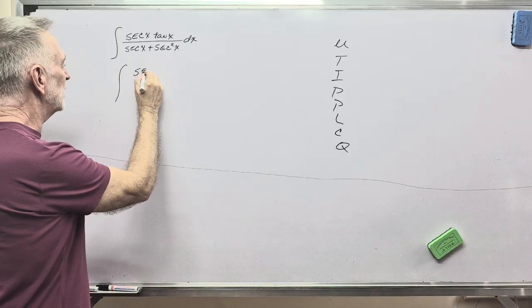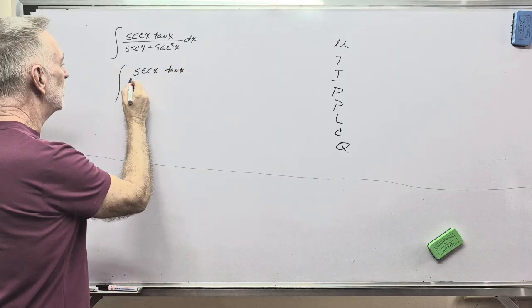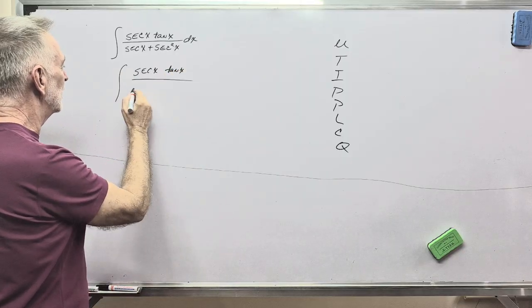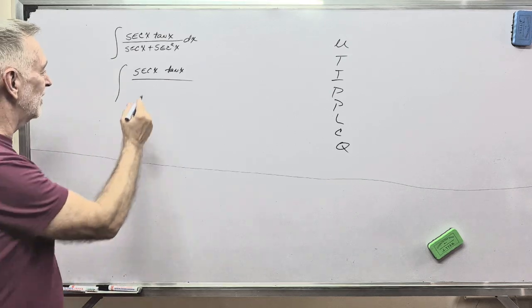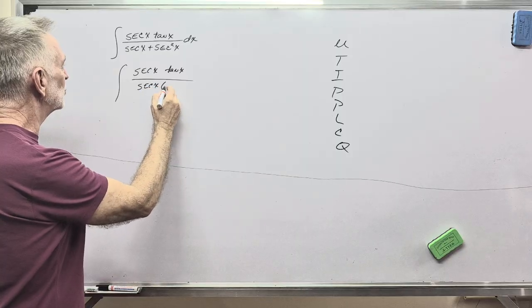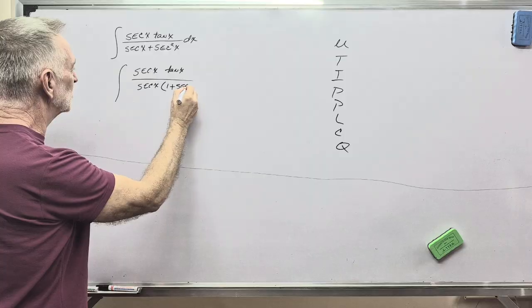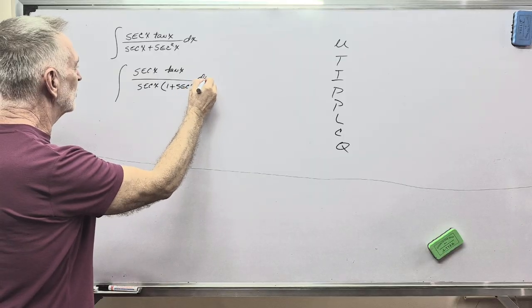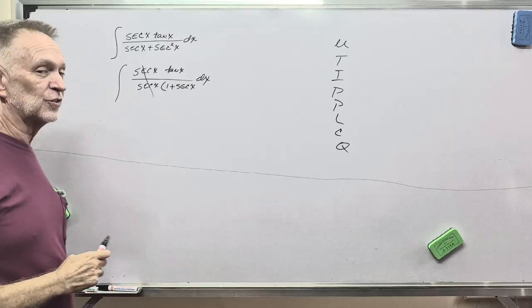So we have secant x tangent x divided by, I'm going to factor secant x out of the denominator. Secant x times what? 1 plus secant x, still integrating with respect to x. Guess what? The secant x's cancel.